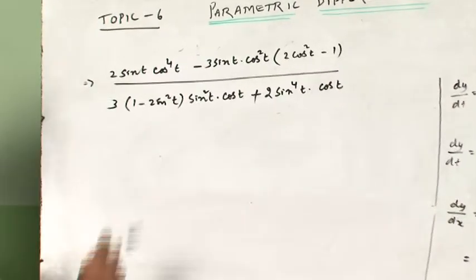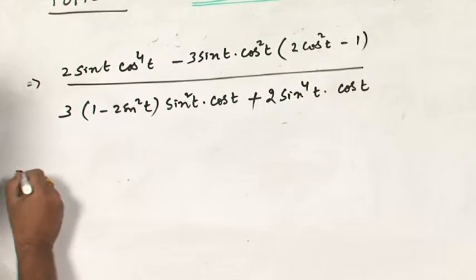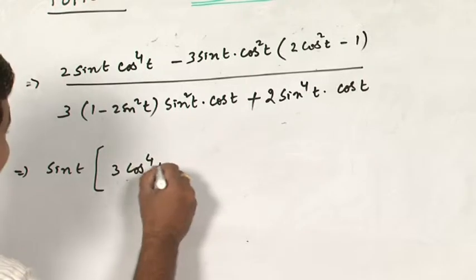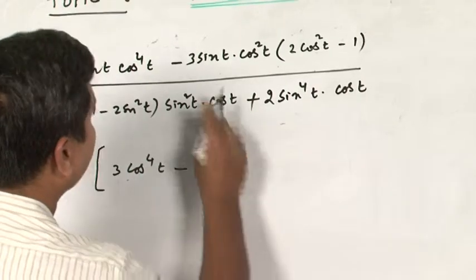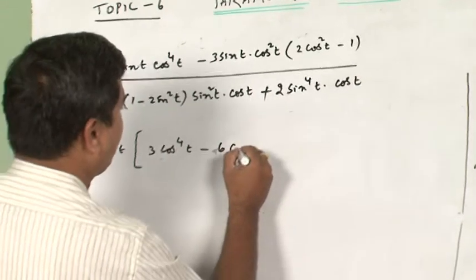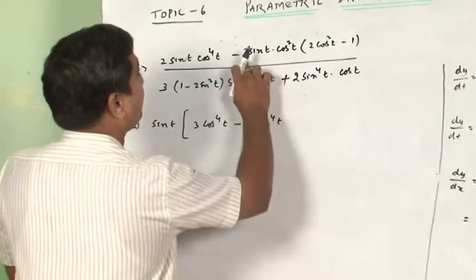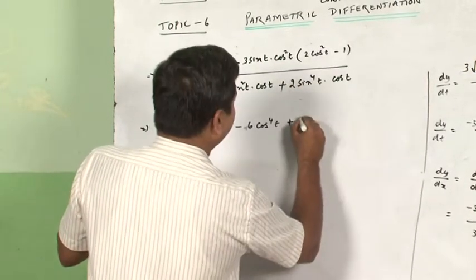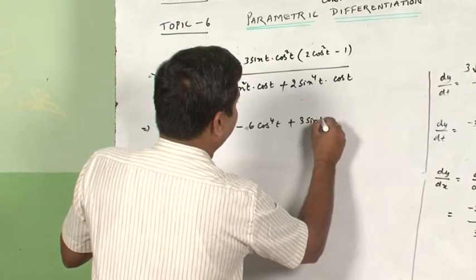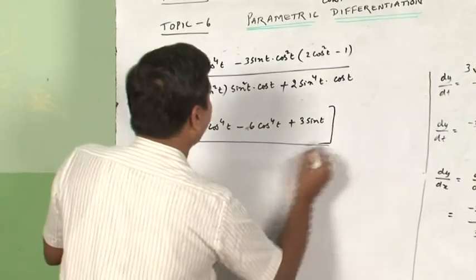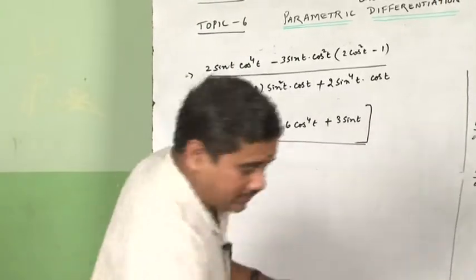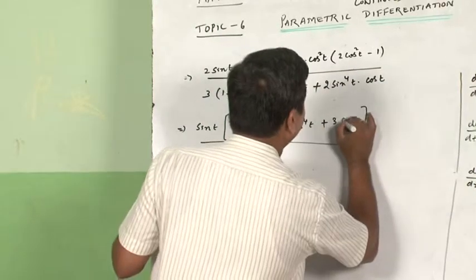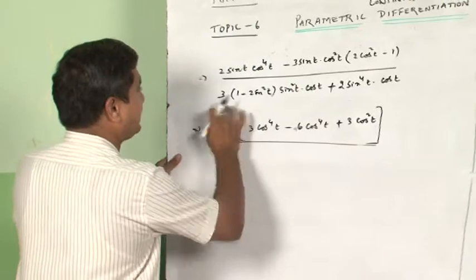I will be taking from the numerator sine t as a common factor, sine t is out: 3 cos to the power 4 t minus 2, 3s are 6, 6 cos to the power of 4 t minus 3 minus of minus plus 3 cos square t upon, I am sorry, it is not 3 sine t, it is 3 cos square t, because sine t is already taken out, and this comes here down.